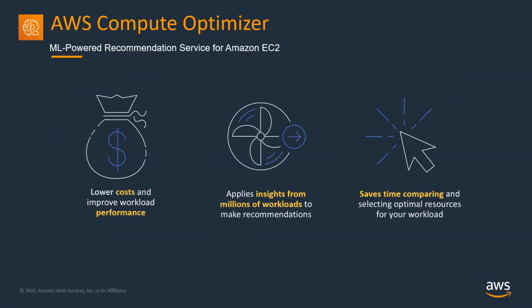But it's not an easy task to find the right EC2 instance type, as well as the size. Monitoring the performance of your current production workload and analyzing it on a regular basis can be a time-consuming task.